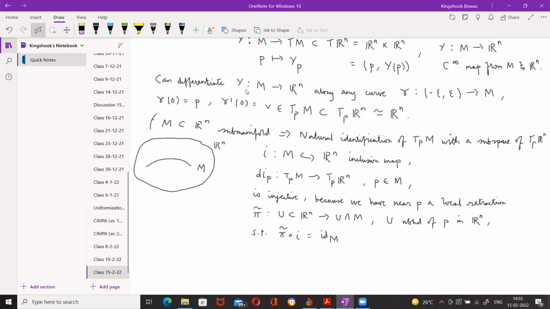Why is this? Because what does it mean to be a submanifold? It means if I take a point P and a neighborhood U of P in Rn, then we have a chart phi, a diffeomorphism from this neighborhood U of P to an open set V in Rn, which maps U intersect M to Rk cross a constant.